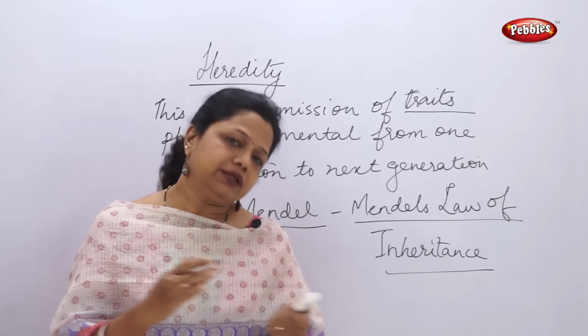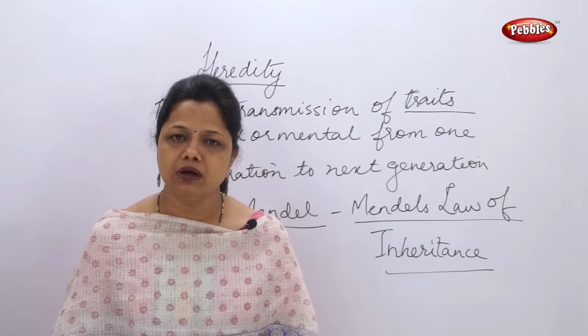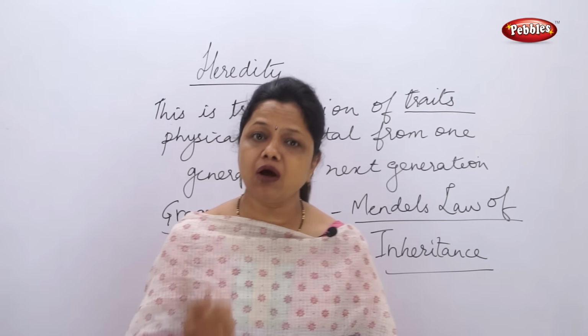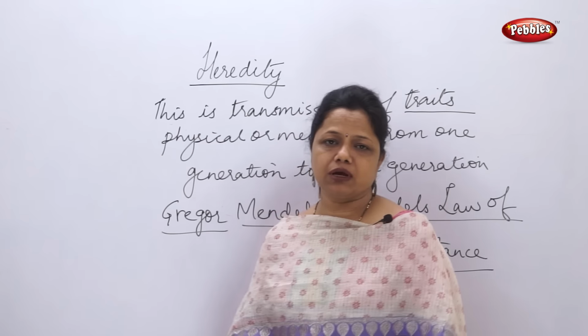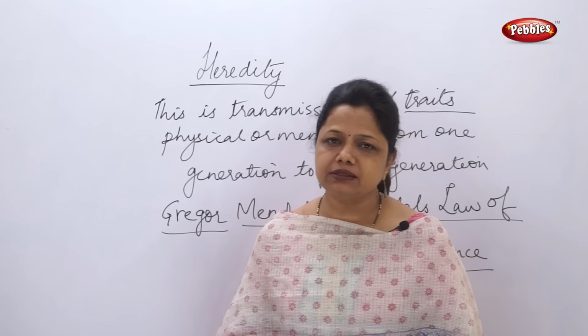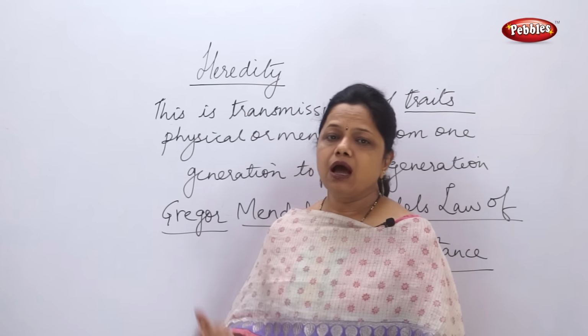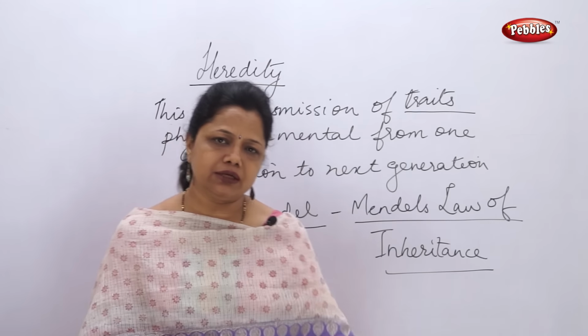By the time the 20th century came, people started recognizing his work, and then he was recognized as the father of genetics. He is called the father of genetics because he came to the conclusion how the characteristics are sent from parents to offspring, what inheritance is, and how it can be proved that the first generation is different from the other generation.